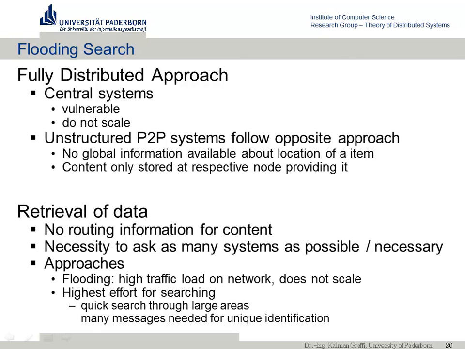So what do you do? You had a high traffic load on the network. It's also very difficult. How can it be made more efficient? And basically, how could this large overhead of flooding be reduced?